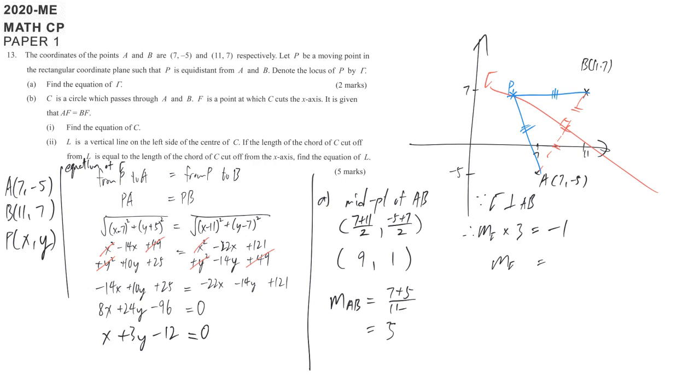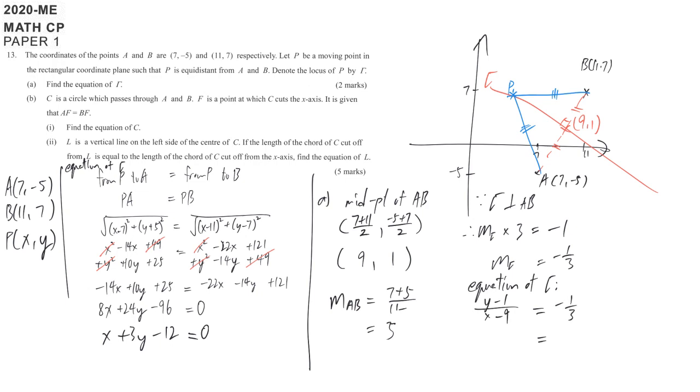Our target slope is -1 over 3. Now we have all the components to calculate the equation of L. We are talking about a line with slope -1 over 3 passing through the midpoint, so the midpoint is (9, 1) once again. Therefore, slope: (y minus 1) over (x minus 9) is equal to -1 over 3.